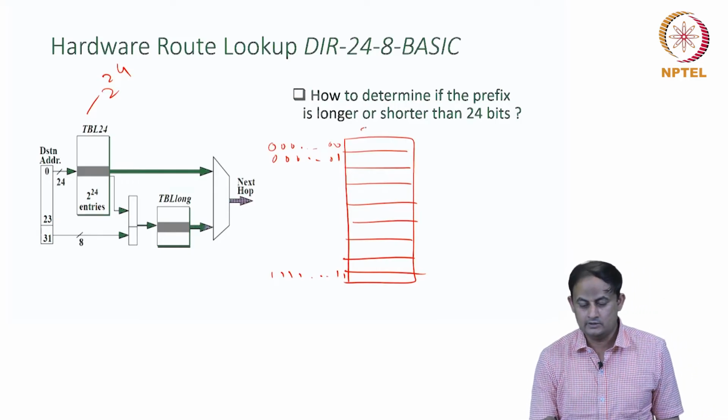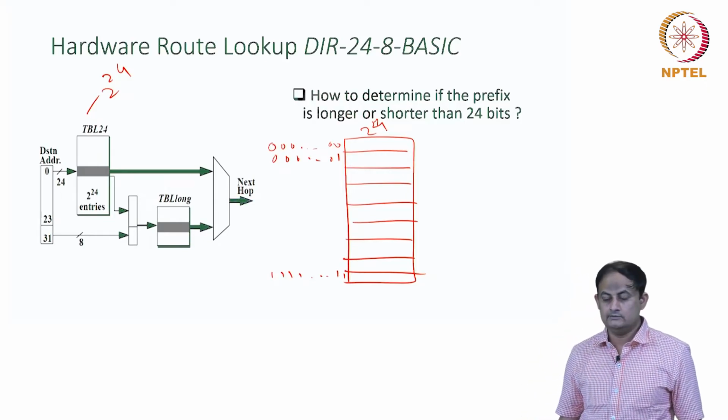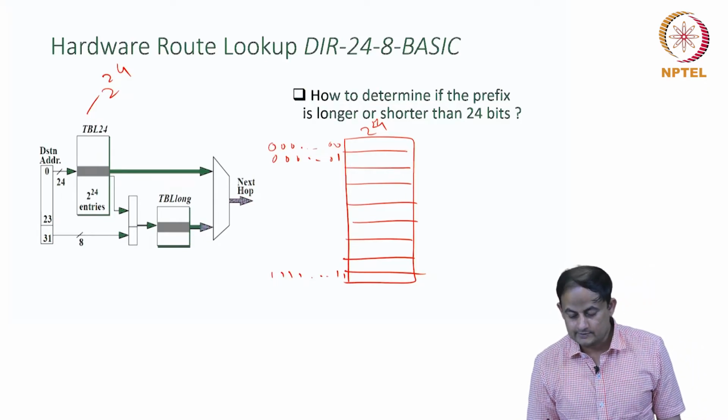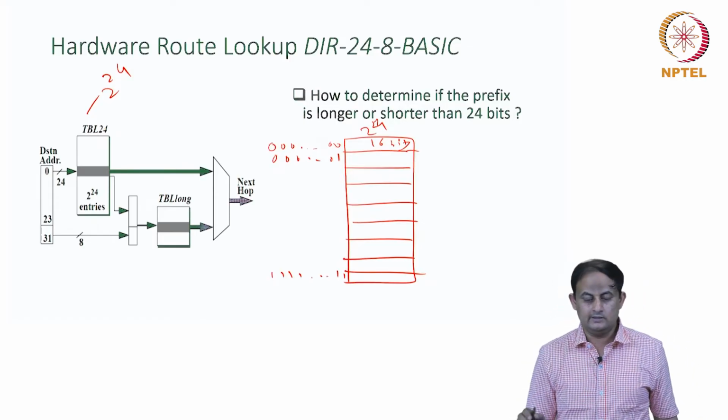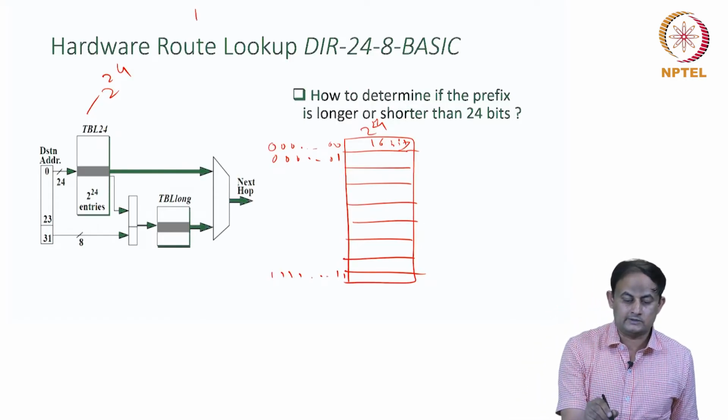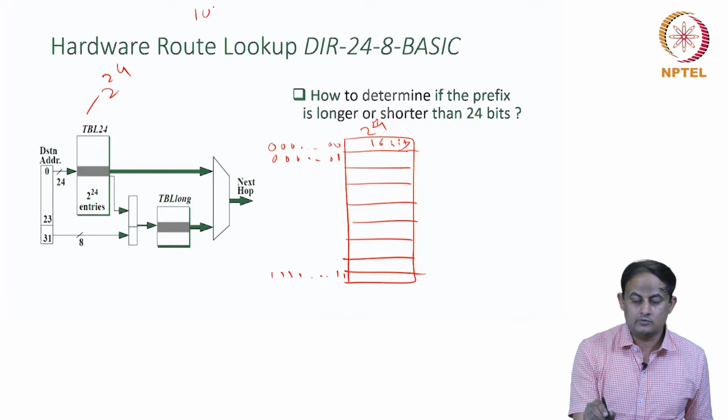This is how the 2 to the power of 24 entry table is laid out, and the width of one entry is 16 bits.